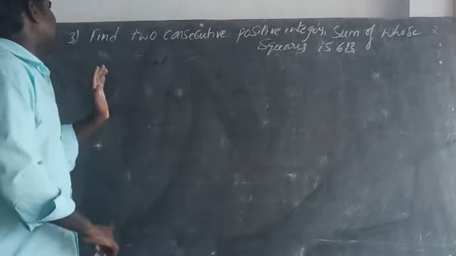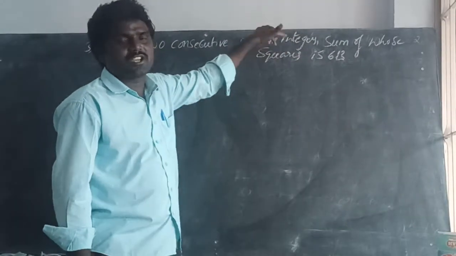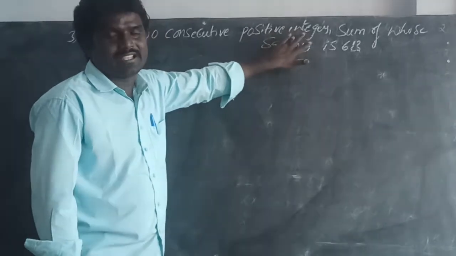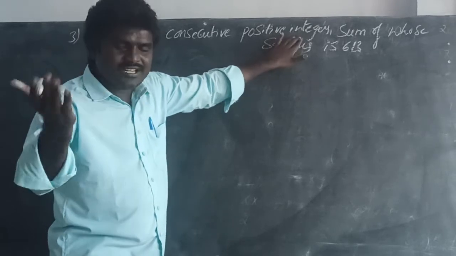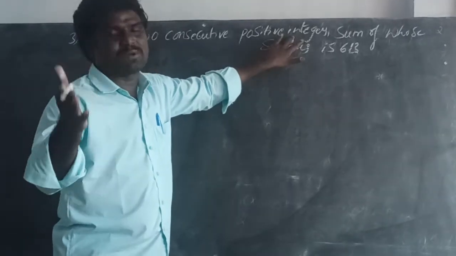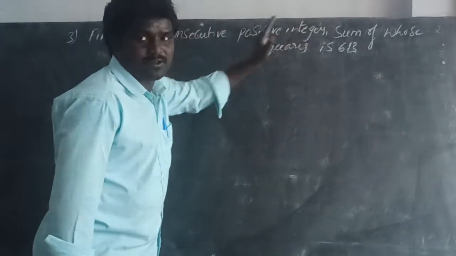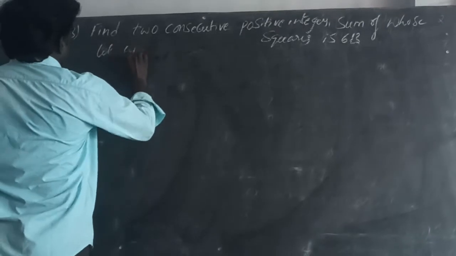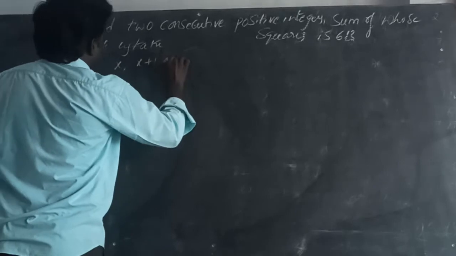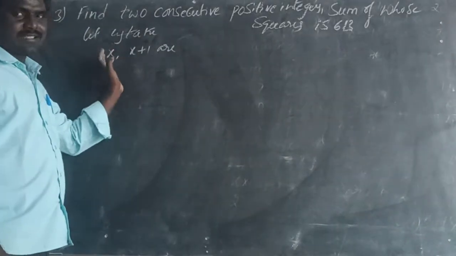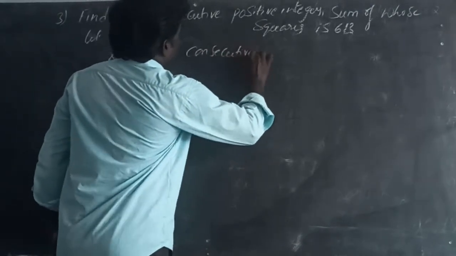Suppose the question says find two consecutive positive odd integers: then x is an odd integer, and its next consecutive odd integer is x plus 2. Here they have given consecutive positive integers, so let us take x and x plus 1 as the consecutive positive integers.